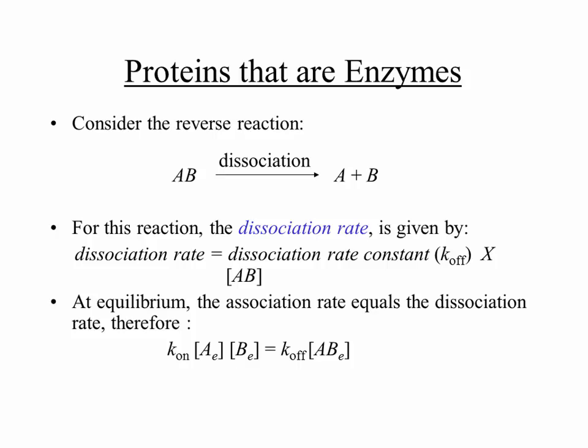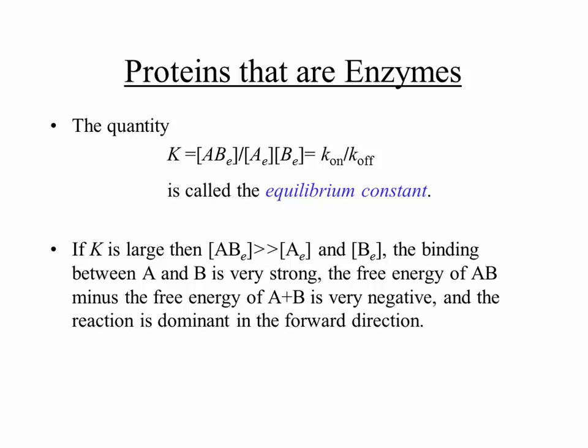Agree? So then the quantity capital K, which is basically K on over K off, which is the concentration of the products divided by the product of the concentrations of the reactants, is called the equilibrium constant. And you know that from high school chemistry. You've seen that before. Here I'm going to try to relate that to free energy also.